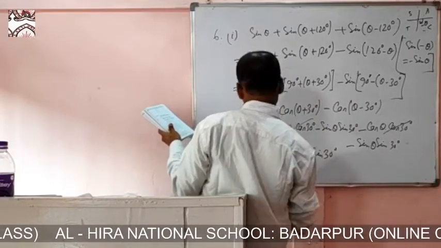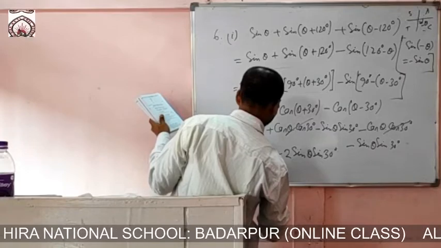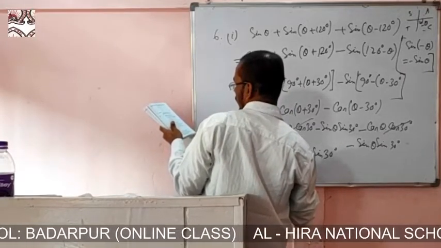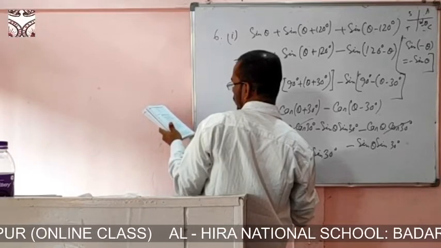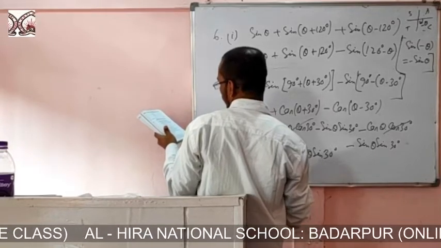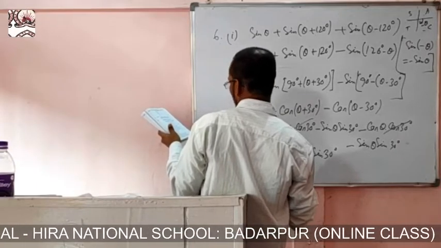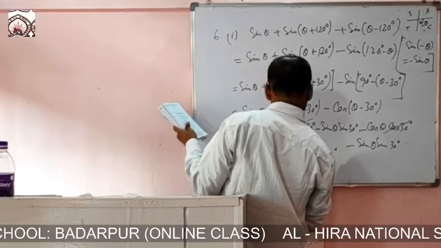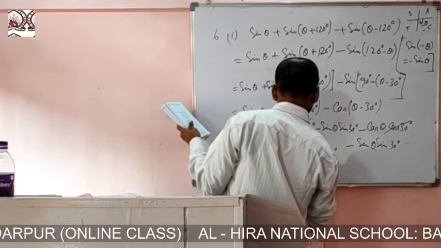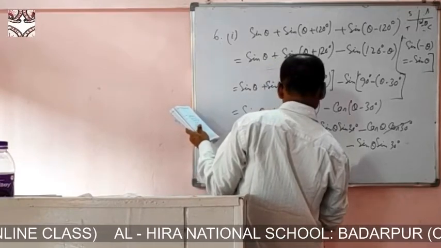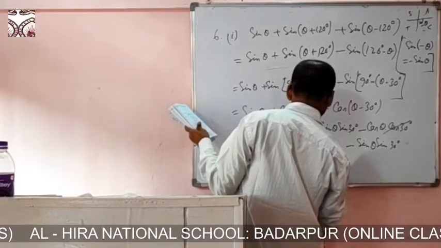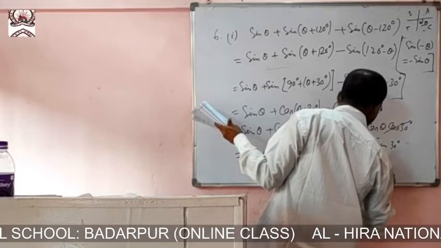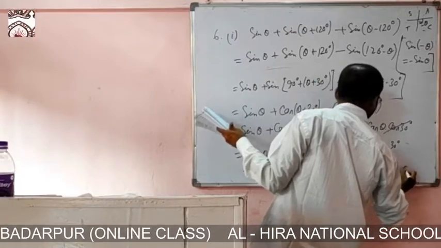So it is sin theta minus 2 into sin theta sin 30, and sin 30 is half, so 2 cancels, so it is sin theta minus sin theta, which is 0.